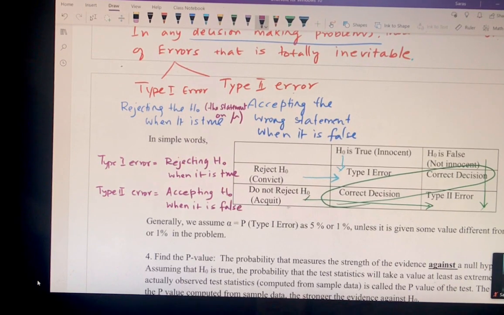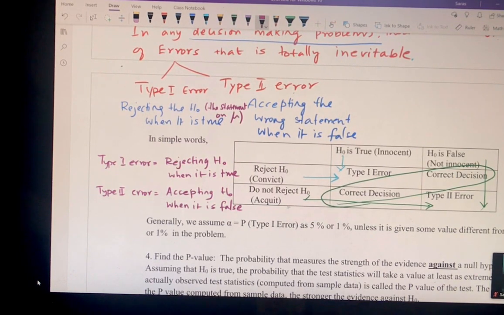So these are the two types of errors. The rest of the two scenarios you can totally ignore because they are 100% correct decisions. I'm not bringing them up, but I am bringing up the two types of errors that are inevitable.